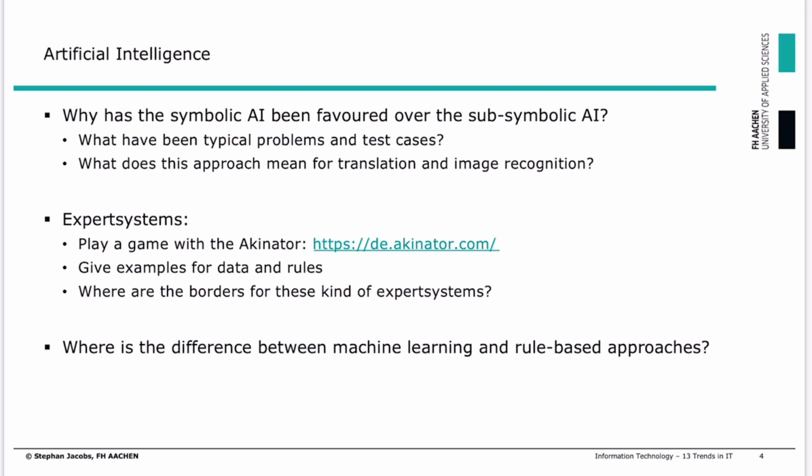Now, what is the difference between machine learning approaches and rule-based approaches? When you have these rule-based approaches, you have to define the rules by yourself. By machine learning, it's the other way around. You're, let's say, on a higher abstract level. You define the way forward, but you do not define rules.